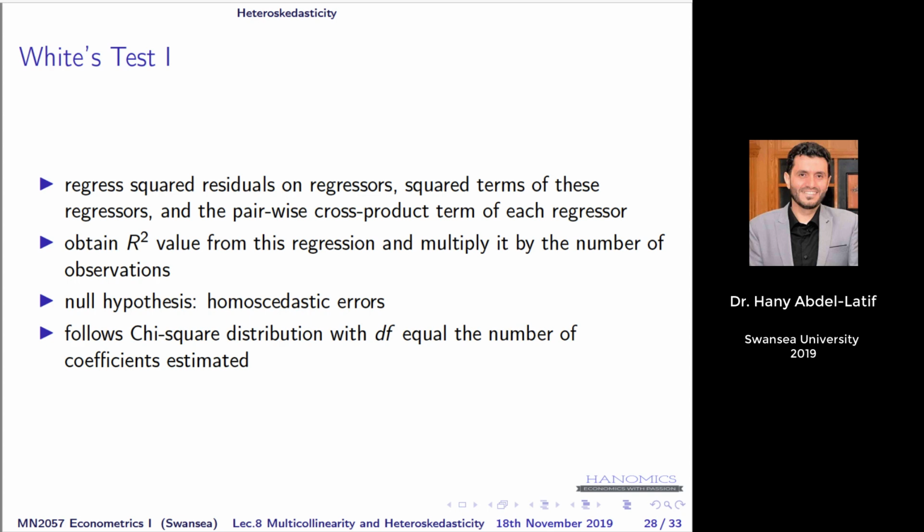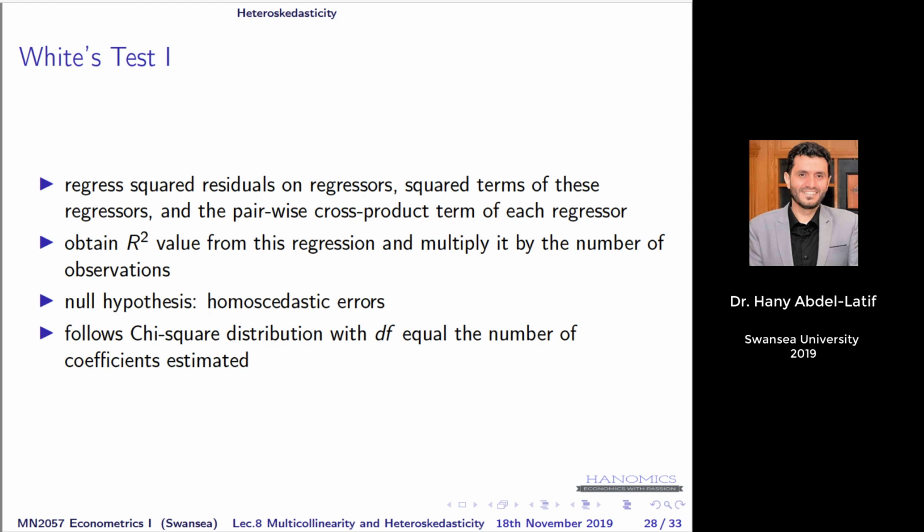So you have the pairwise cross product term of each regressor. Okay, so it actually does more than just regressing the squared residuals on the regressors. It adds the square terms of these regressors plus also the pairwise cross product term of each regressor.